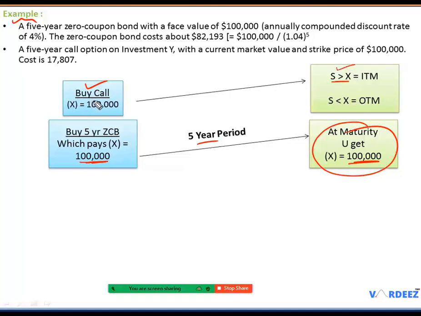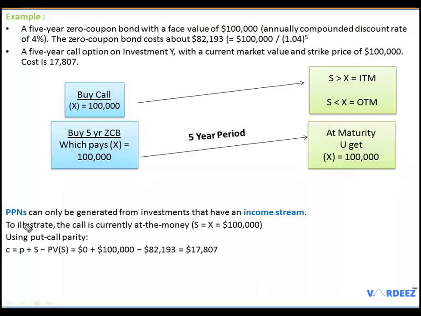If it's out of the money, no worries. At least you have your principal protected for your house, for your studies, or for whatever the reason is. So that is how principal protected notes work. Now over here, pay attention that PPNs can only be generated from investments that have an income stream.